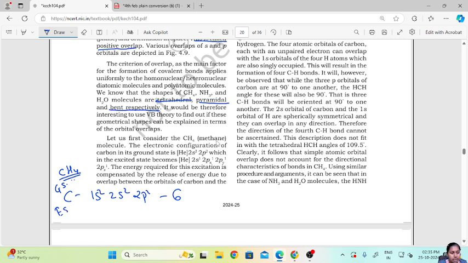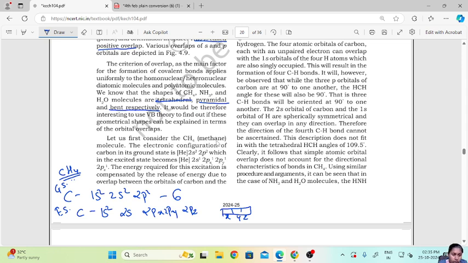When it goes to the excited state, what happens is 1s2 will remain the same, 2s2, 2px, 2py and 2pz. You know the p orbital has 3 components, x, y and z.